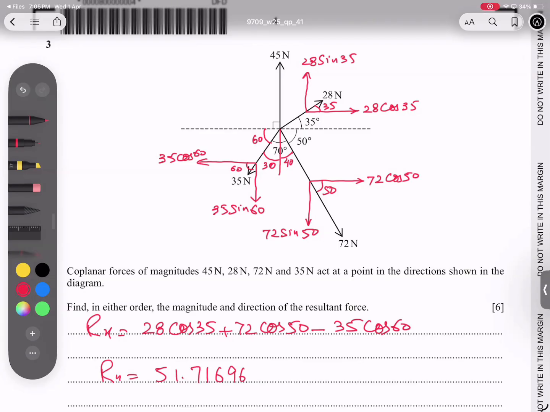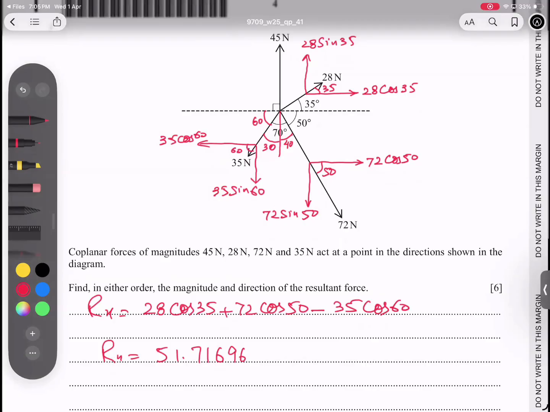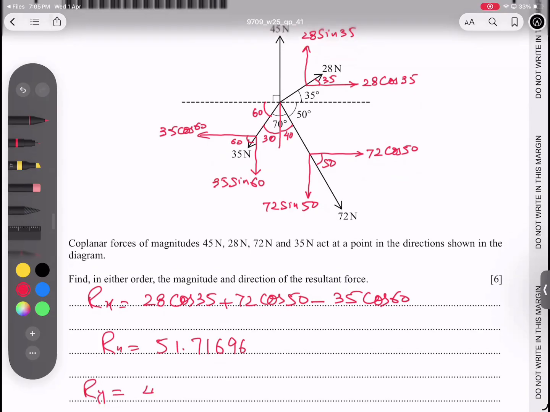Okay, and now I'm going for the Ry component. Ry, interesting. We have two possibilities. Anyway, I will take the top one as these two forces, and these two forces downwards. So I'm writing Ry. First of all, I'm adding 45 positive upwards, 28 sine 35 positive.